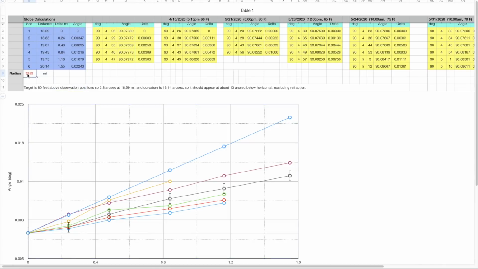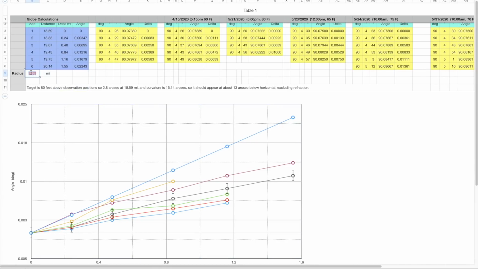So here we go, 3959. Let's change that to 5,000. Boom! The blue line moved. Let's go up to 6,000. Boom! Whoa, look at that. Now let's go higher to 7,000. Boom! Wow, almost in between those two curves. 8,000.